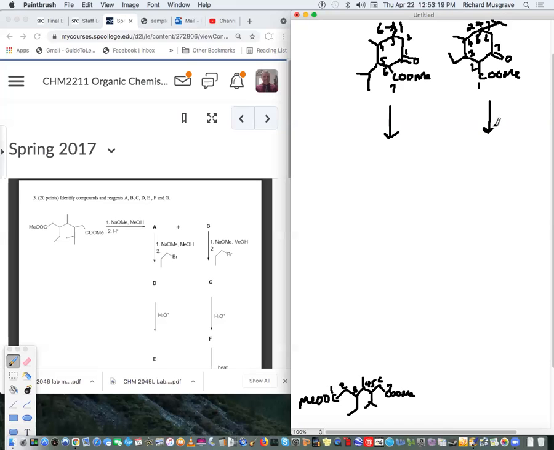Now, I won't put the reagents in, but the next thing that will happen is that you'll get a propyl group, and that propyl group will be attached to the carbon in between the two carbonyl groups. And then the rest of it just remains the same.